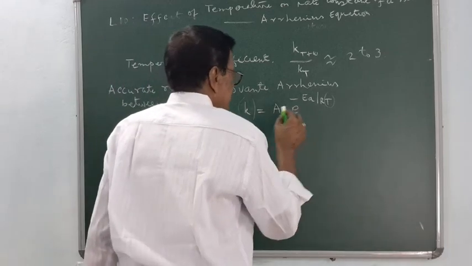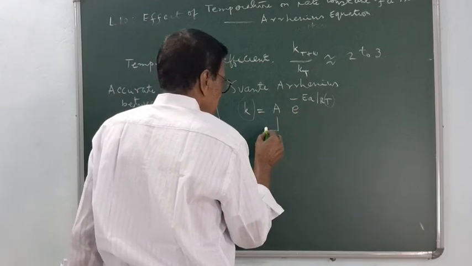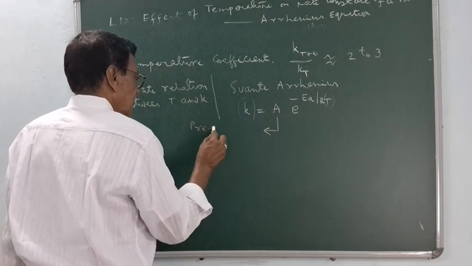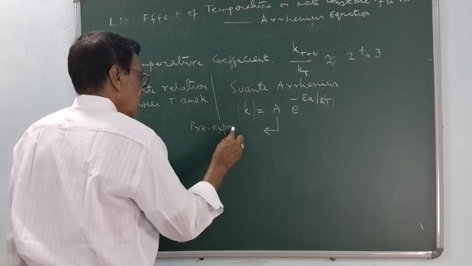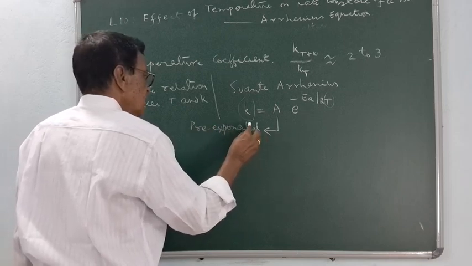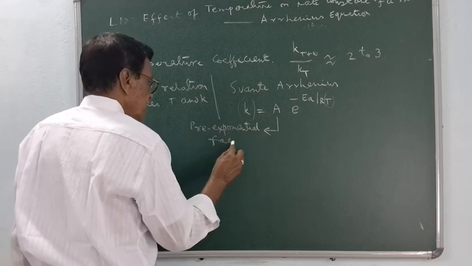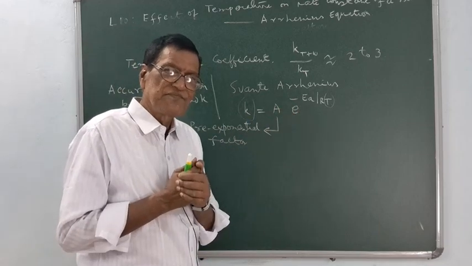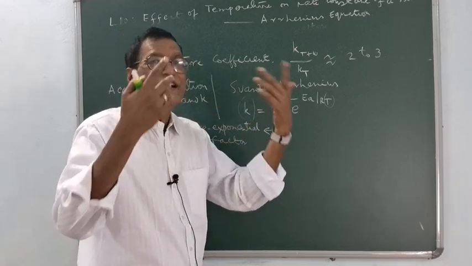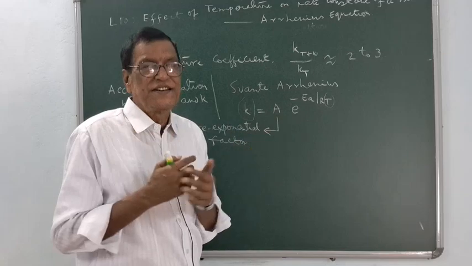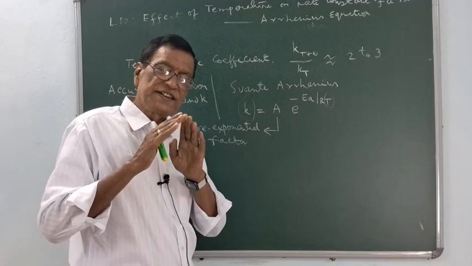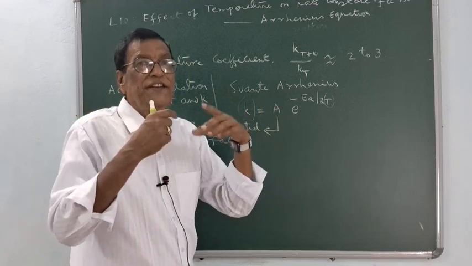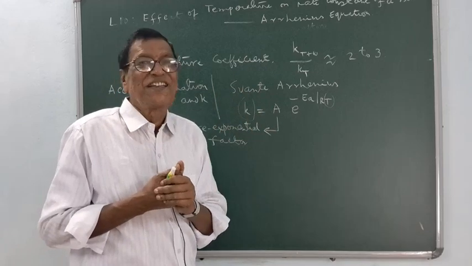This A is called the pre-exponential factor. As it is placed before the exponential term, it is called the pre-exponential term. It is related to the frequency of the molecules which are colliding during the process of this reaction.